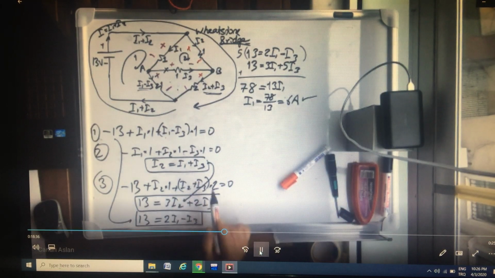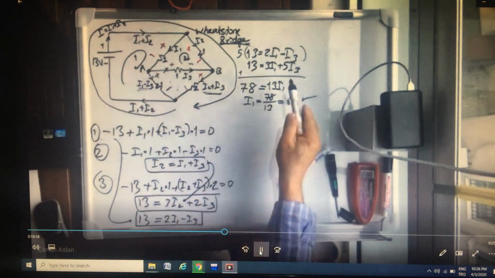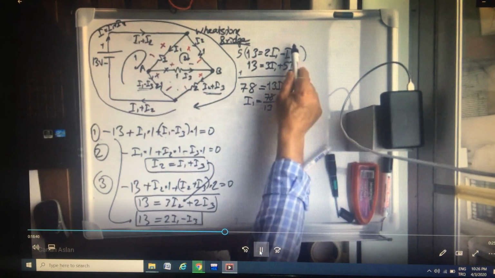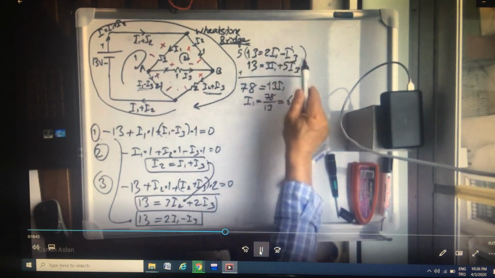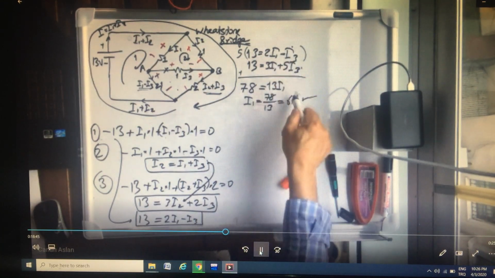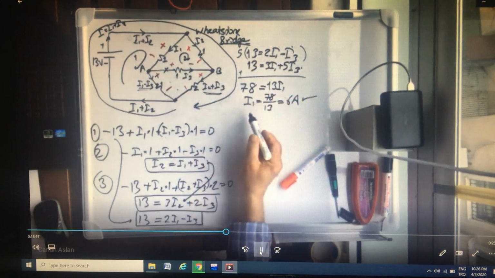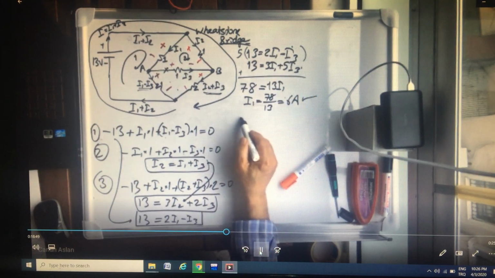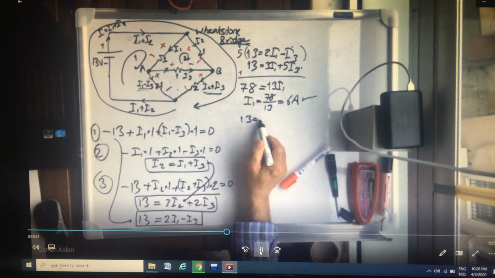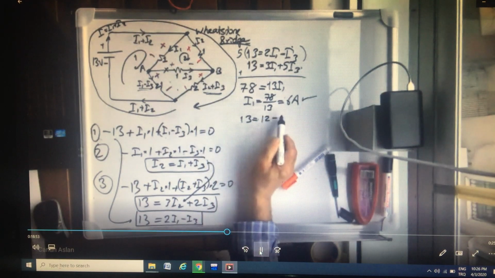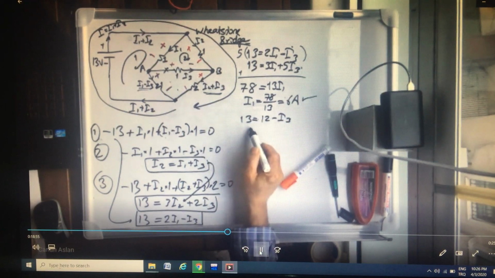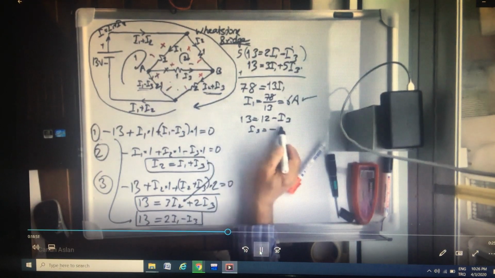Now, using one of these equations, I can get I3, because I2 is not there. So basically 13 will be equal to 2I1, which is 12, minus I3. From here, I can see that I3 is equal to minus 1 ampere.